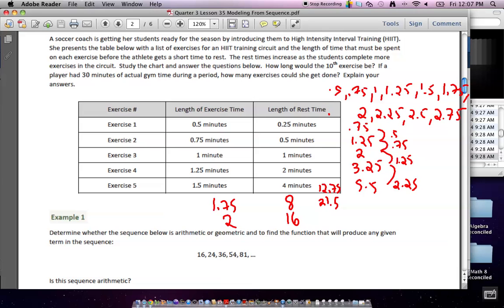Because we're constantly doubling here. So that adds 18 onto this, which is 39.5. See, that's past the 30 minutes. So the maximum they can do is 6 exercises, because they only have 30 minutes of actual gym time in a period. After that, they've used up all their time.